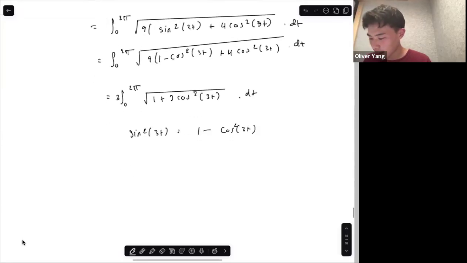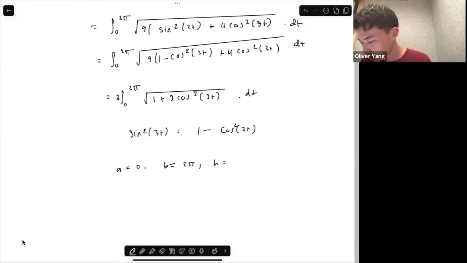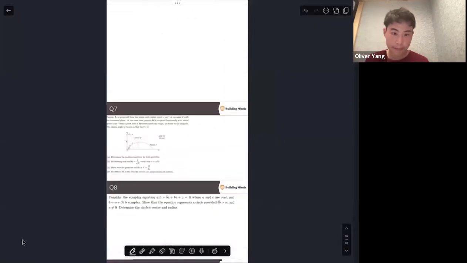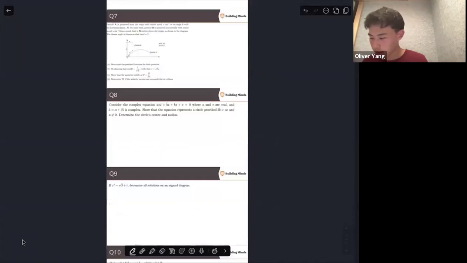And then so we know that a equals 0, b equals 2 pi, h equals 1, k equals 3. Right? So pretty easy stuff. And then next question. Okay, let's go to vector calculus now.